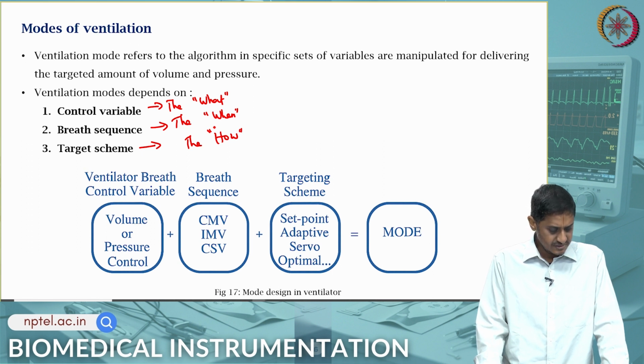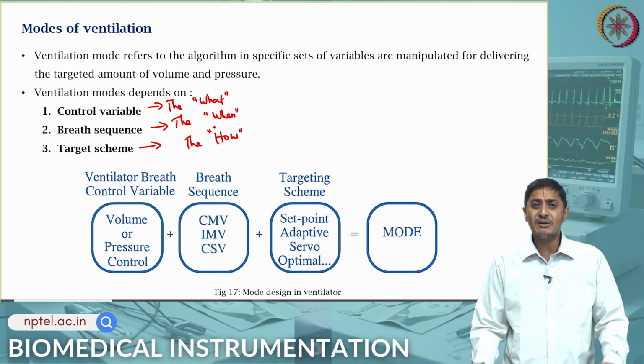Okay. So, essentially ventilator breath control variable can be pressure or volume, essentially one of these two. The breath sequence, we discussed this in the previous class, can be continuous mandatory or intermittent mandatory or continuous spontaneous. And the control algorithm or the targeting scheme could be a set point control or some form of adaptive control or some servo control or some optimal control.